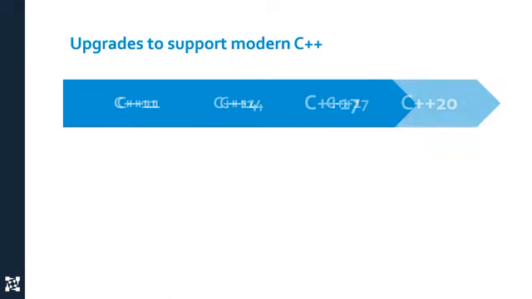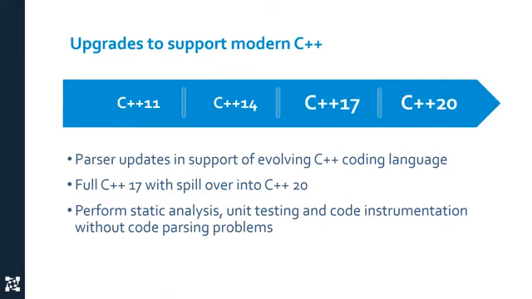There we go. Now, as the C++ language continues to evolve and users adopt the latest editions of the language for their projects, parsing errors due to gaps in support of these modern C++ language features occur, which can block users in their testing efforts. So Parasoft is always trying to stay ahead and ensure support of the evolution of languages such as C++.